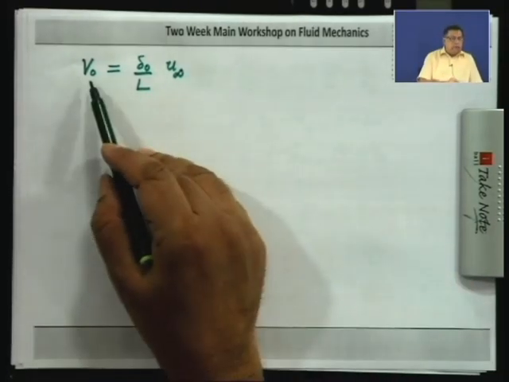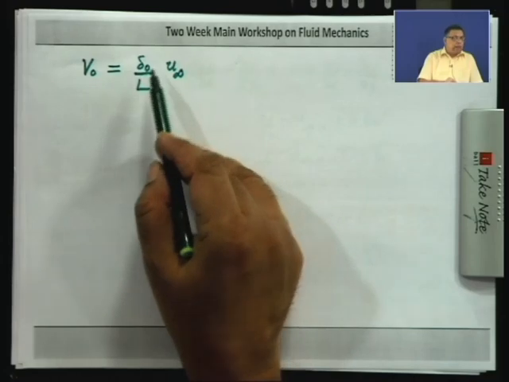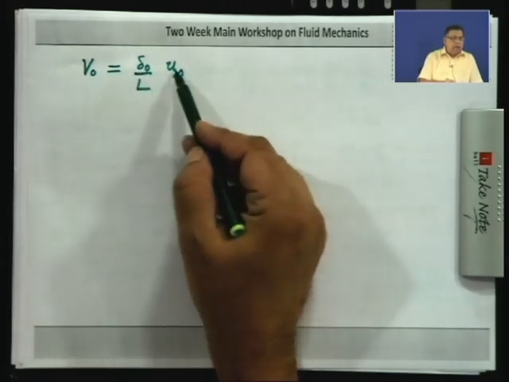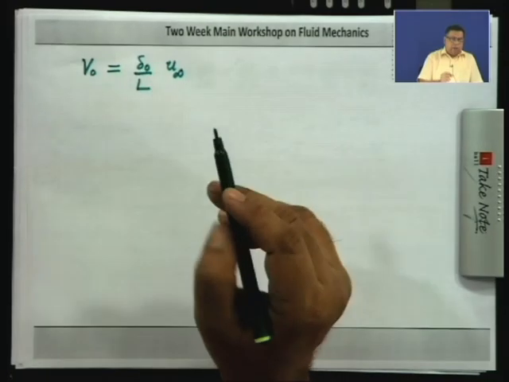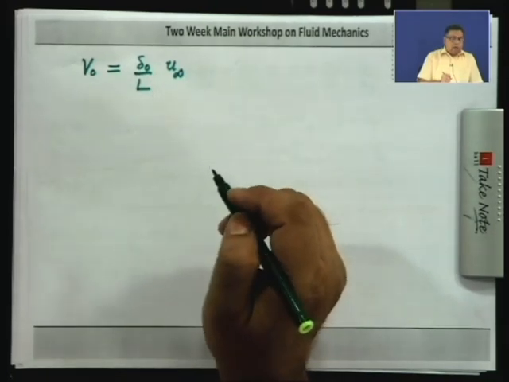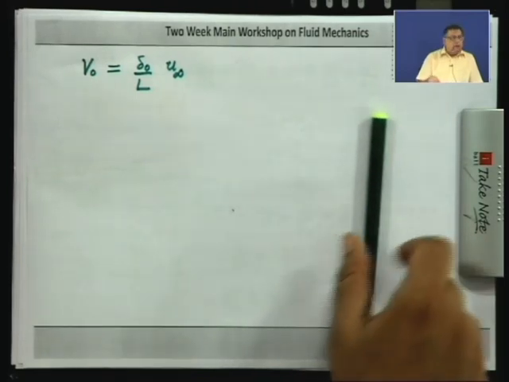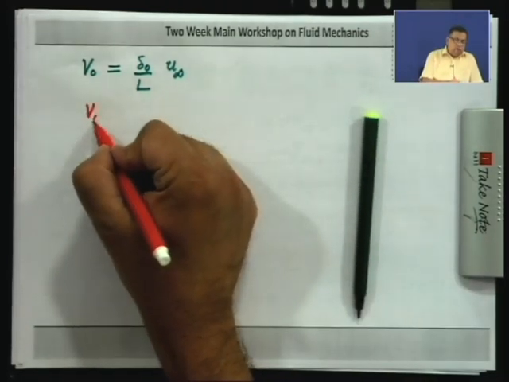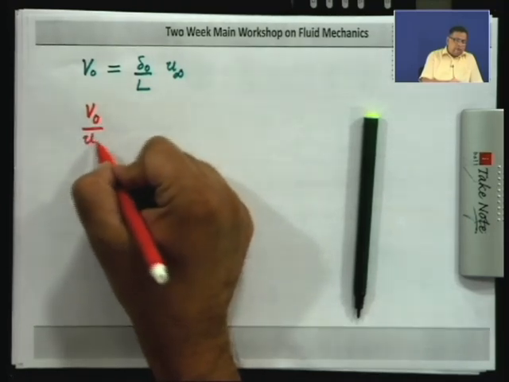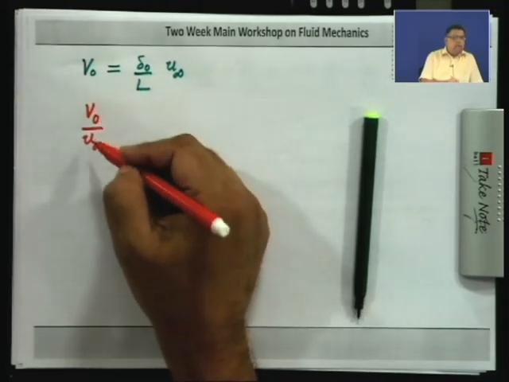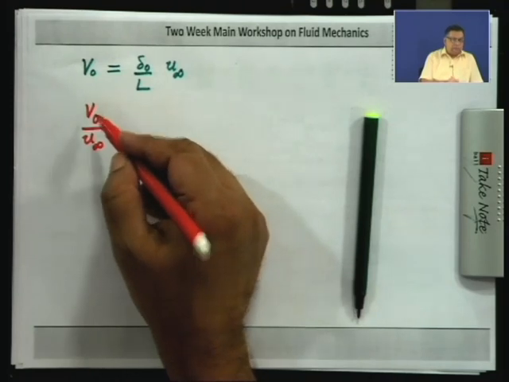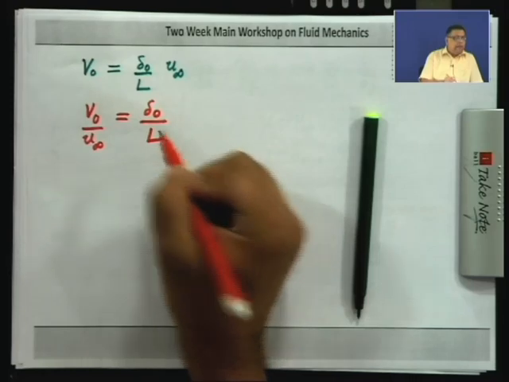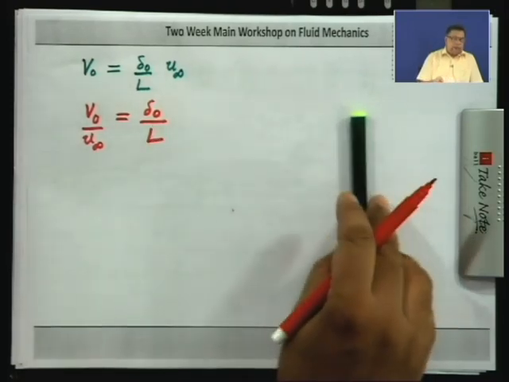So, we have linked v naught to delta naught, of course, they are dimensionally different. We have the velocity unit here and this is non-dimensional. Now, we are anticipating that delta naught by L is much less than 1. So, v naught by u infinity, which is the ratio of the velocity scales in the y and x direction, is the ratio of the length scales in the y and x direction. This is what we have obtained.